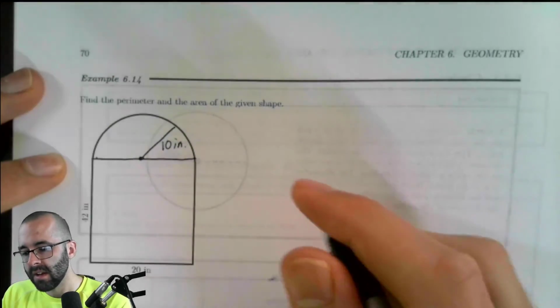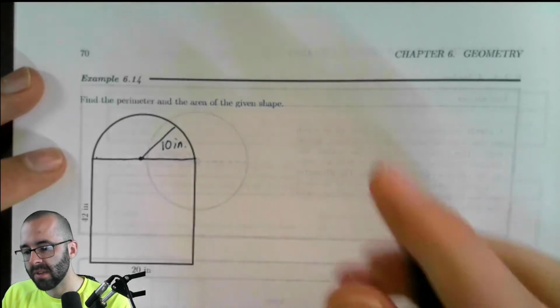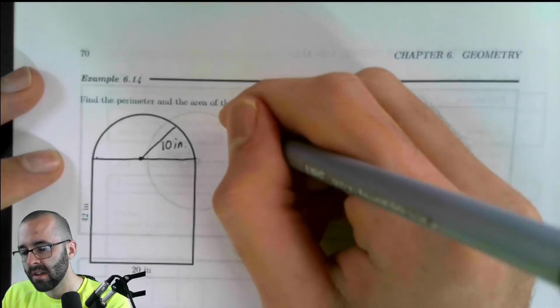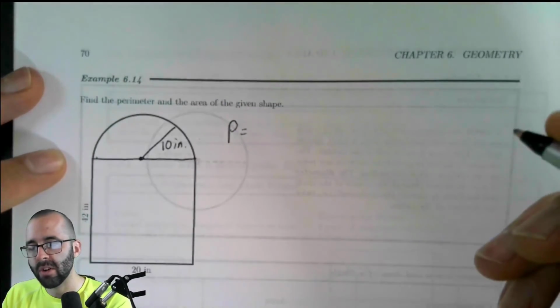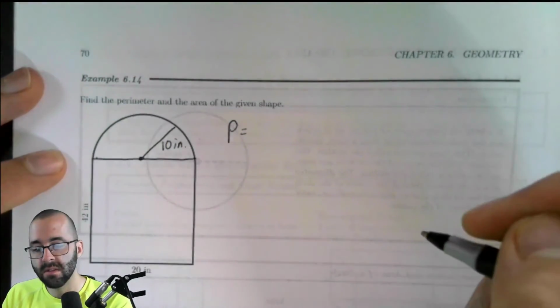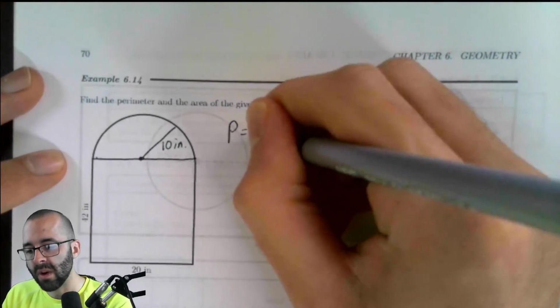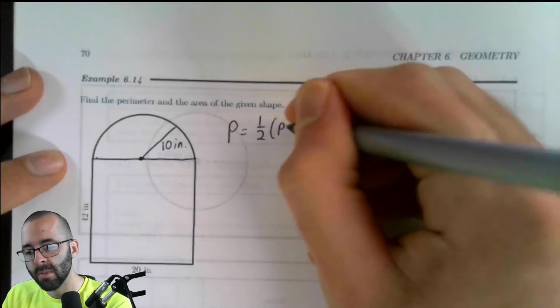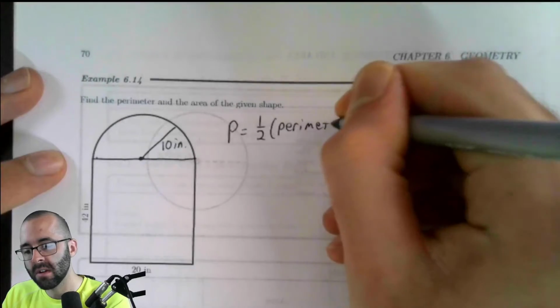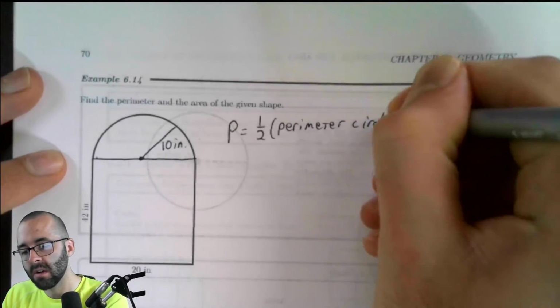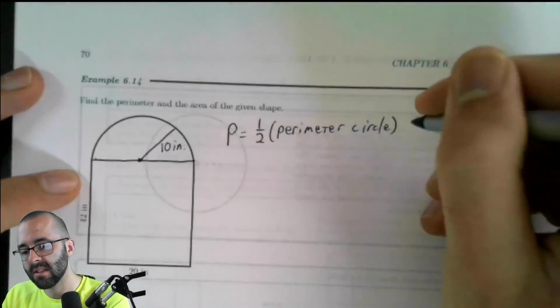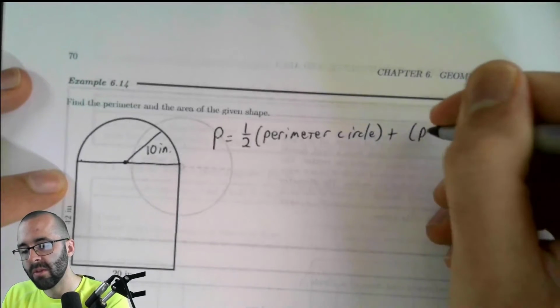Okay, so if we have these two shapes, we can find the perimeter. The perimeter is going to be the perimeter of half of a circle. So it's going to be 1/2 perimeter of the circle plus the perimeter of the rectangle.